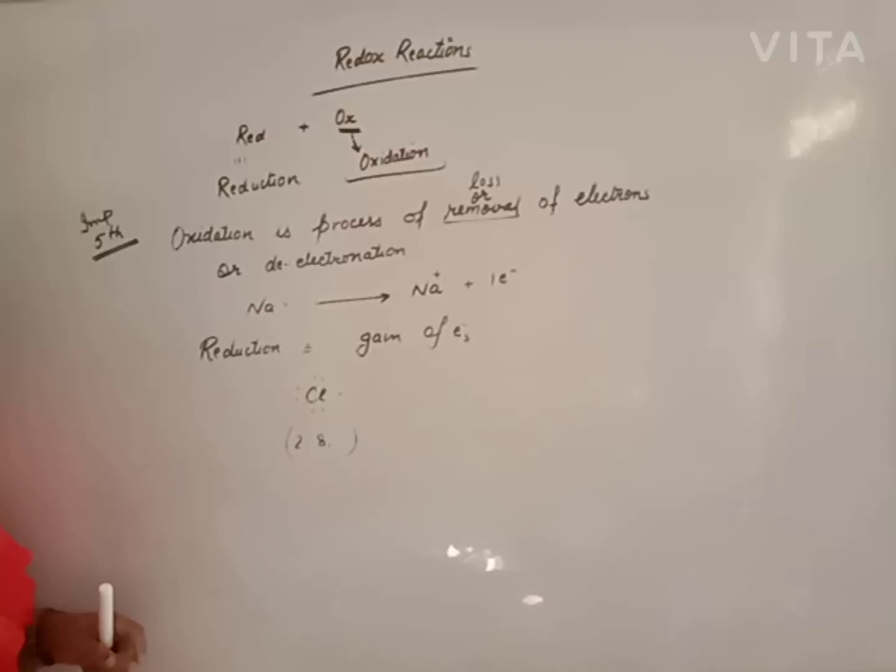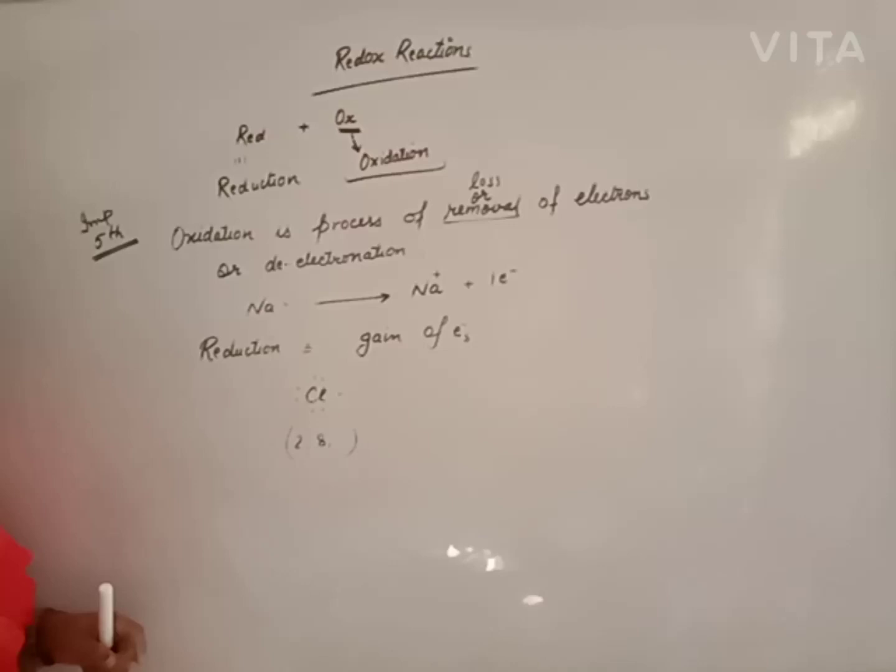Suppose each metal has a tendency to lose its outermost electron. Sodium has one outermost electron. It will lose this electron and it will be oxidized. Loss of electron is oxidation. It will be easy for us to tell which one loses the electron and which one gains the electron.